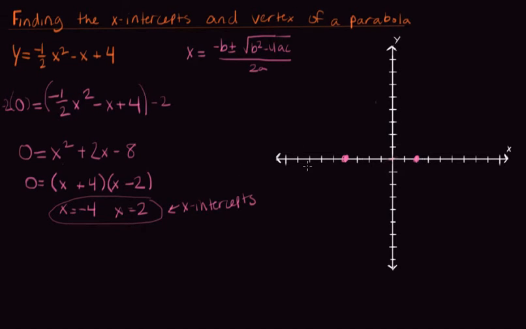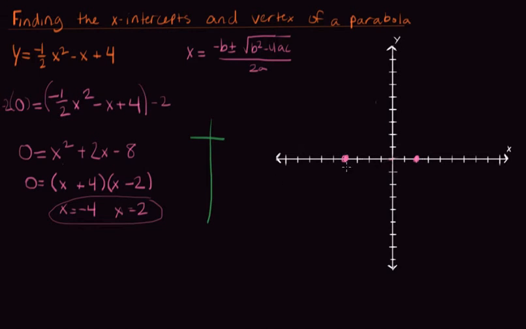Now before we find the vertex, I just want to graph the parabola and see if we can find the vertex, and then we'll talk about how we find it in general. I'm going to erase this part just to give myself a little more space, and then I'm going to make a chart.